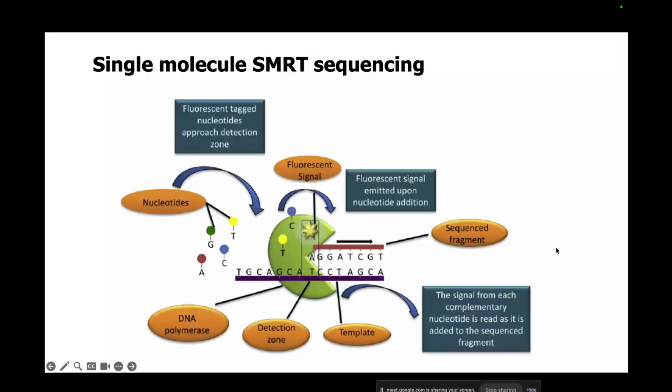You have thousands of these wells inside the flow cell, but still the throughput is slightly lower than that of Illumina. Illumina will be a little more efficient in getting many more reads sequenced in a similar amount of time. So the throughput is slightly lower, but the read length is higher. That's a trade-off that you need to address.